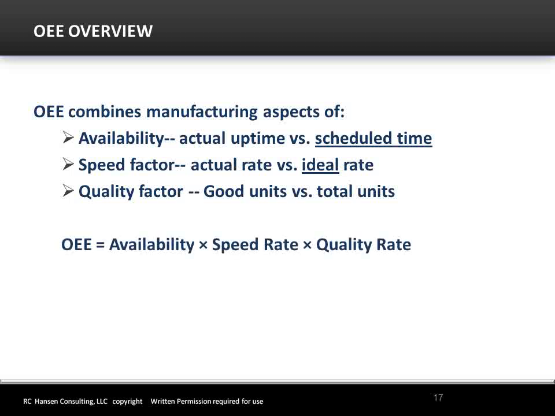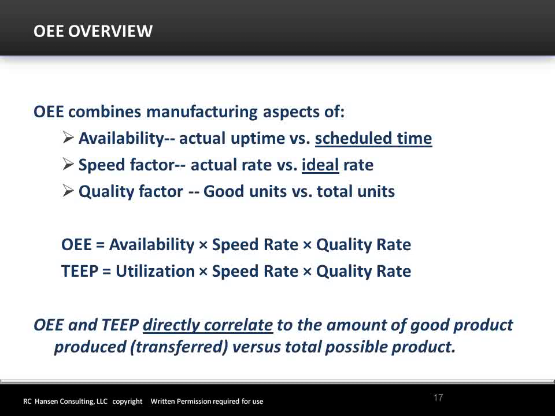OEE is the product of these 3 things, so it's availability times speed rate times quality rate, and total effective equipment performance, or TEEP, is the product of utilization times speed rate times quality rate.